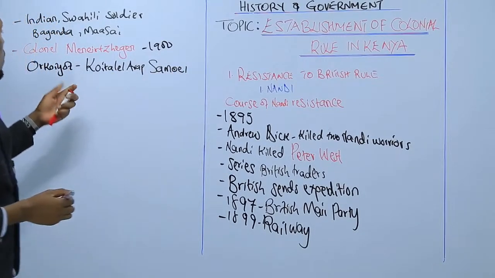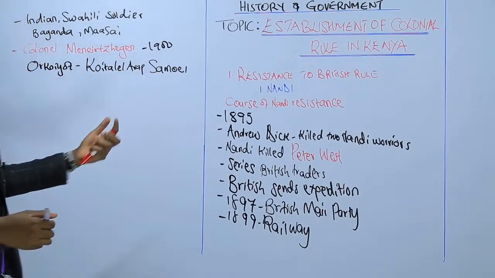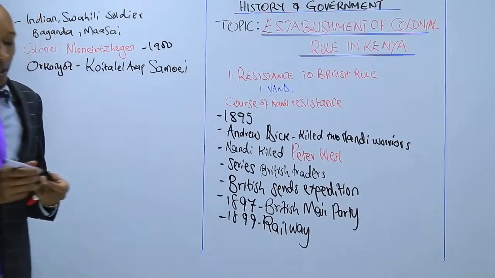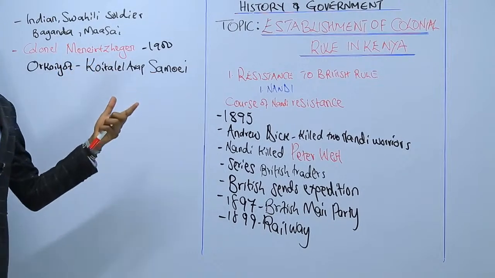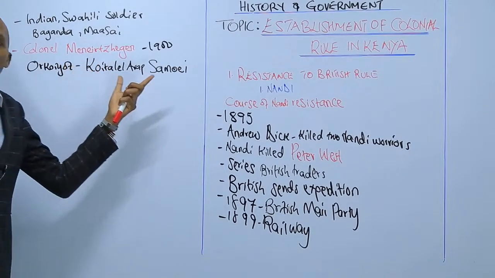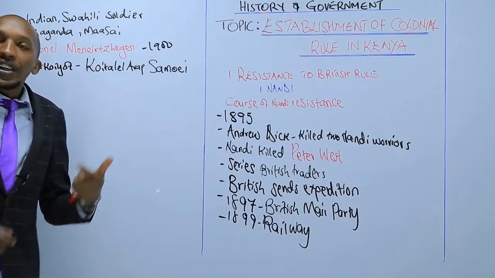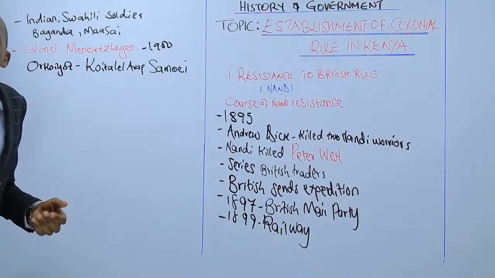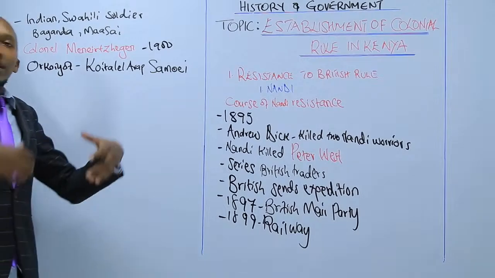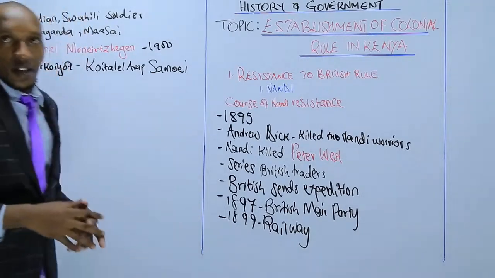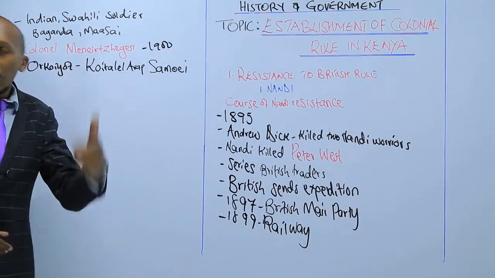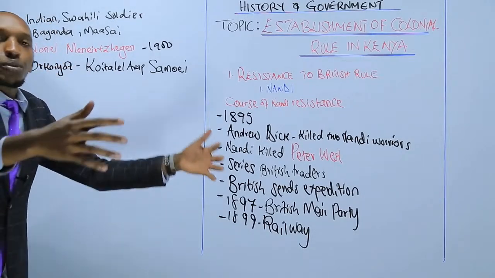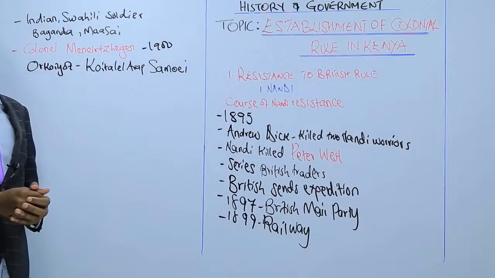So the Orkoiyot at that time, Koitalel Arap Samoei, was the leader of the Nandi people, and he was the reason why the Nandi were so united, and why the Nandi could not be defeated, because he was the chief strategist. Remember, he was the religious leader. So he brought all the people of the Nandi together.